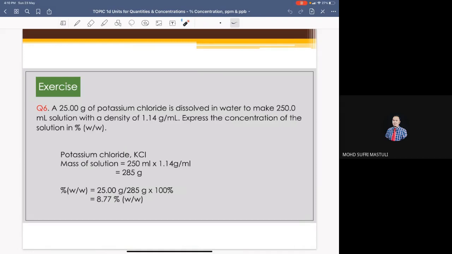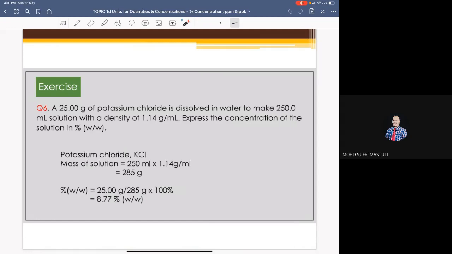This is the example for the percentage weight per weight, given in the slide. 25 gram of potassium chloride is dissolved in water to make 250 ml of solution with a density of 1.14 gram per milliliter. You have to express the concentration of the solution in percent concentration weight per weight.